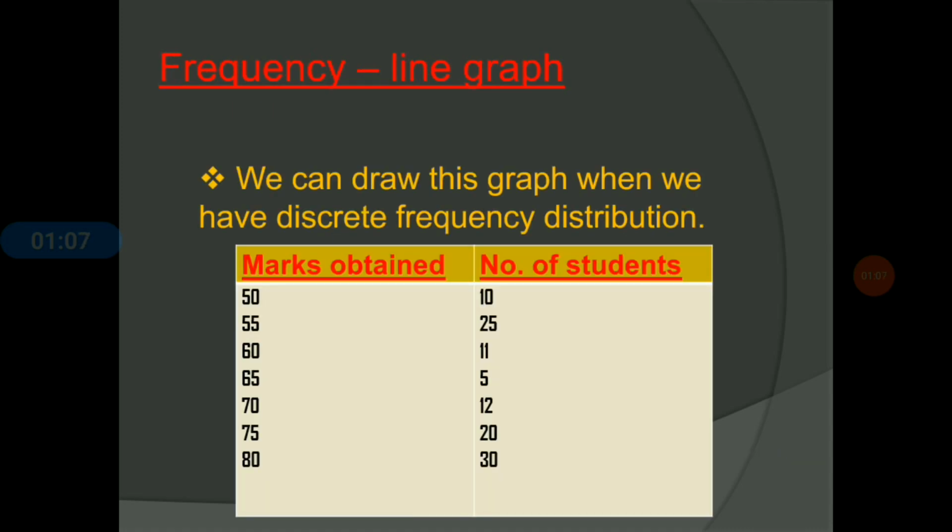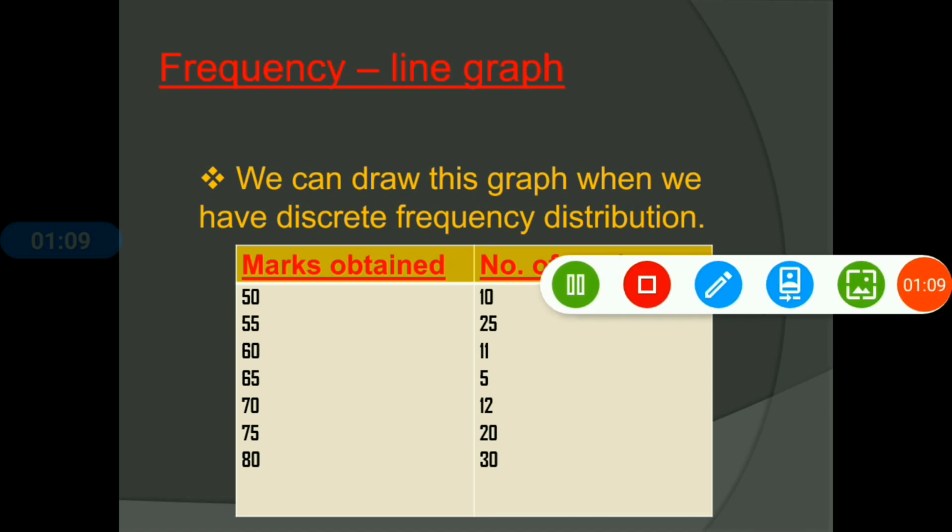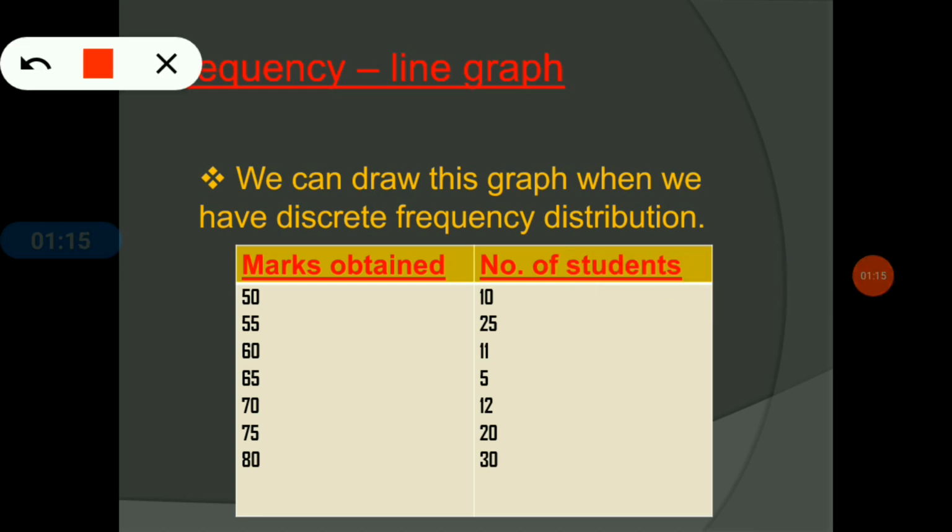What do we mean by a frequency line graph? A frequency line graph is a graphical representation of data when we have a discrete frequency distribution. Discrete means whole numbers, and these are the frequencies according to the marks obtained.